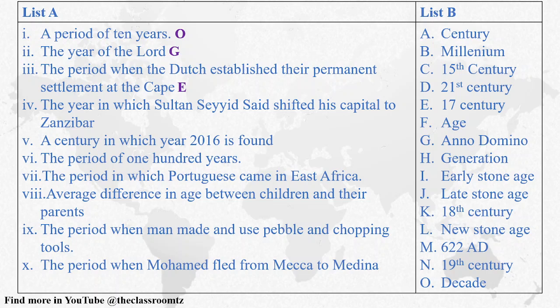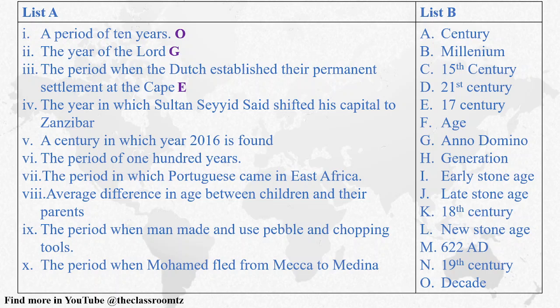Remember the Dutch were there in 1657, if not 1658, under the company of VOC, under the leader Jan van Riebeeck. They were there at the Cape.